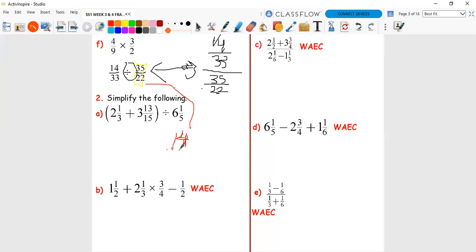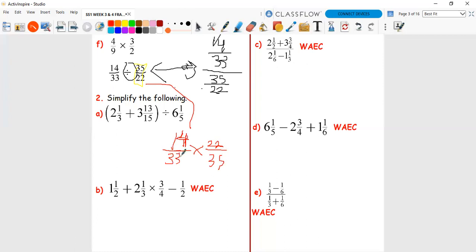14 over 33 times, because you are turning the denominator upside down, it will now be 22 over 35.